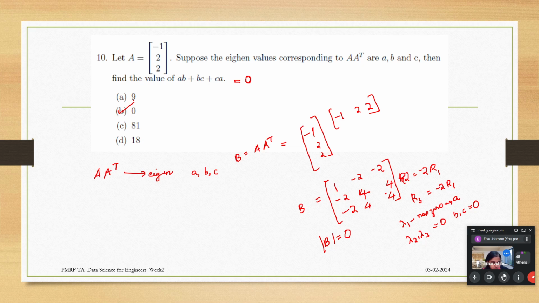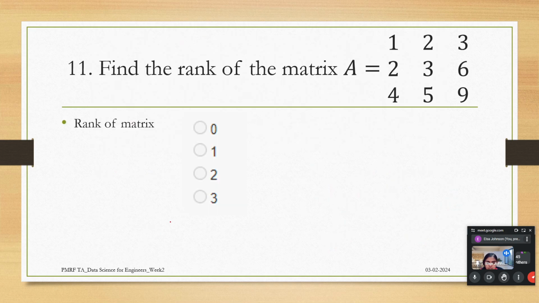Now we'll move on to the next one. Find the rank of the matrix. You have to see whether there is linear dependency or linear independence. So 1 2 3, 2 3 6, 4 5 9: are they linearly independent or dependent?